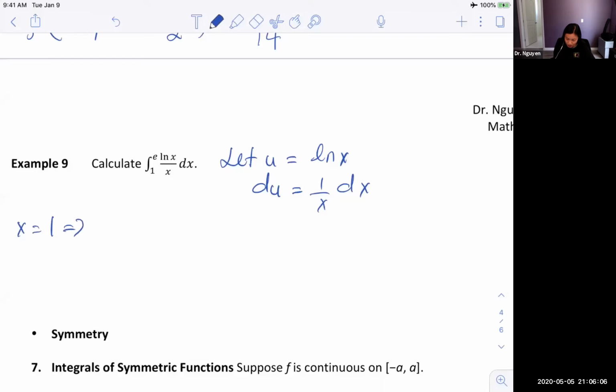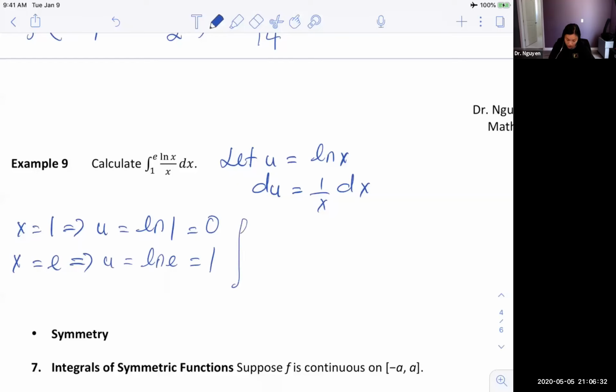X equals 1, and then u equals ln x. So u is going to be ln 1, so it's going to be 0. X equals e is going to give you u equals ln e, which is 1. Oh, that's very nice.